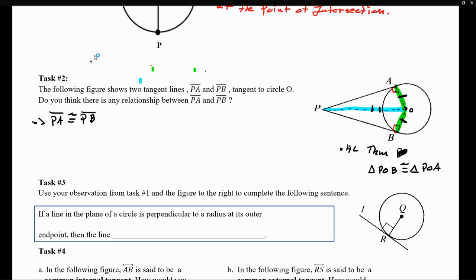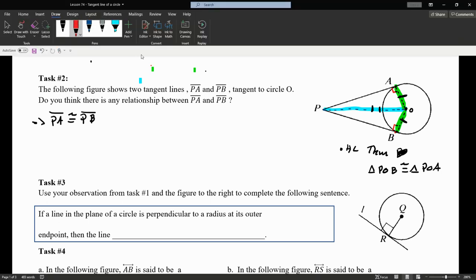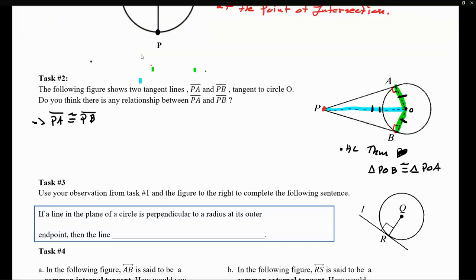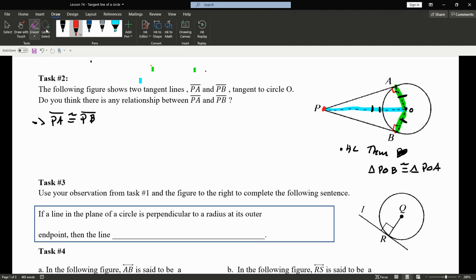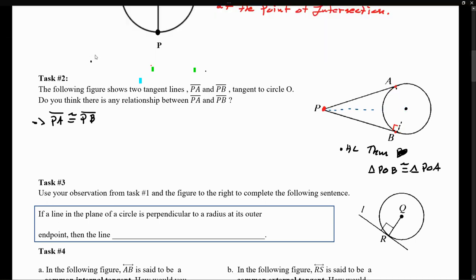So what is this trying to tell us about tangent lines? What this example was trying to show is that given two tangent lines that are coming from the same point, let me erase this so it's not confusing.